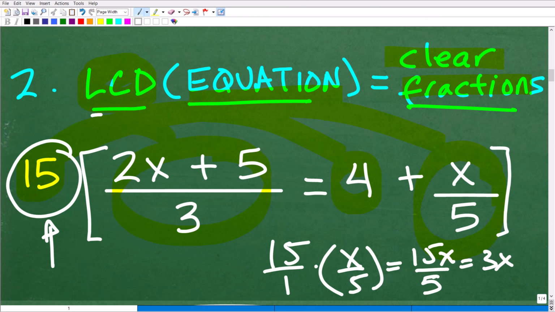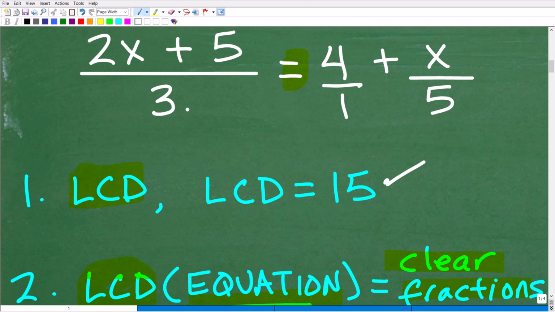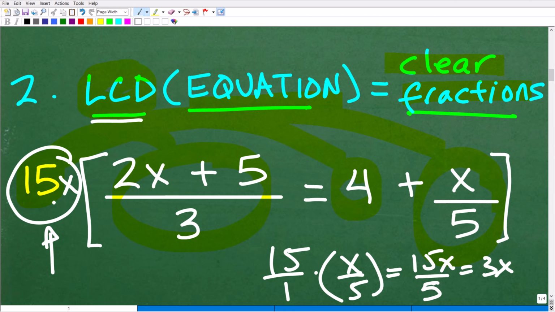Now, if the LCD was some sort of variable situation, let's change this up. What if I had 3x down here in my denominator? So my LCD involves a variable. If you are multiplying the entire equation by something with a variable in it, let's say I had 15x, that's a whole different situation. Well, it is, but it isn't.